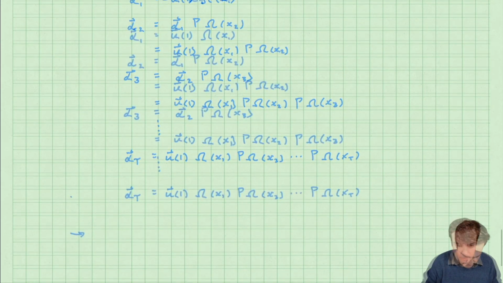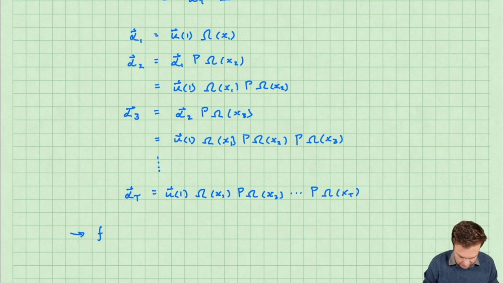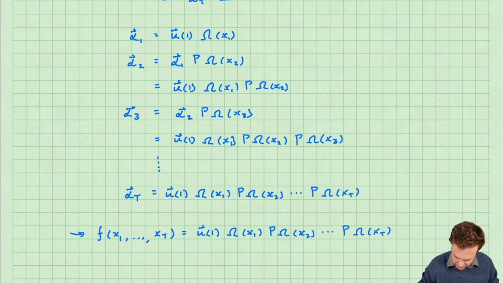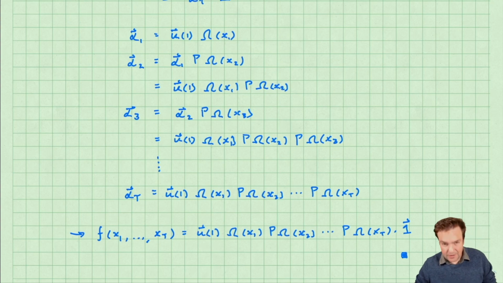And so this gives us the expected result, f of x1 up to xt is equal to all this stuff times the vector of ones. And that finishes the proof, and it also finishes the class.